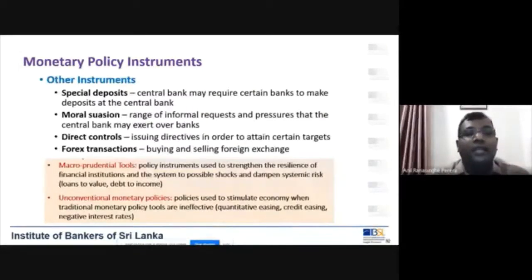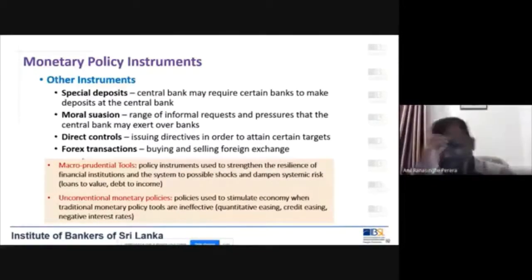Other than that, those are the main instruments: interest rates, open market operations, statutory reserve ratio, and there are some other instruments as well. They are used by central banks from time to time, depending on the country's situation. For example, special deposits.